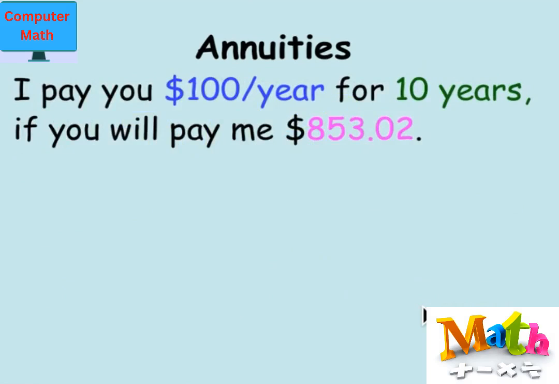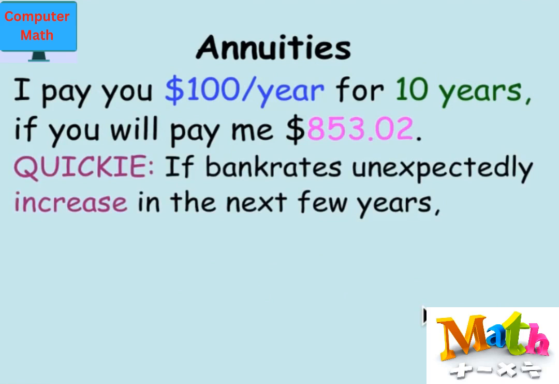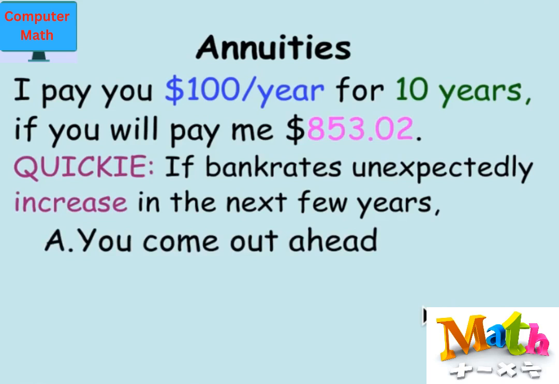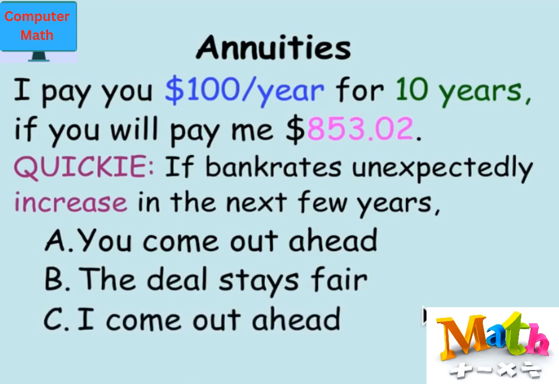I'll come out ahead if BX is greater than 100. I'll lose if it's less than 100. And it's completely fair if BX is equal to 100. All right, well, that means that X is simply 100 over B, which, with B equal to 1.03, is 97.09. So $100 in 1 year is worth $97.